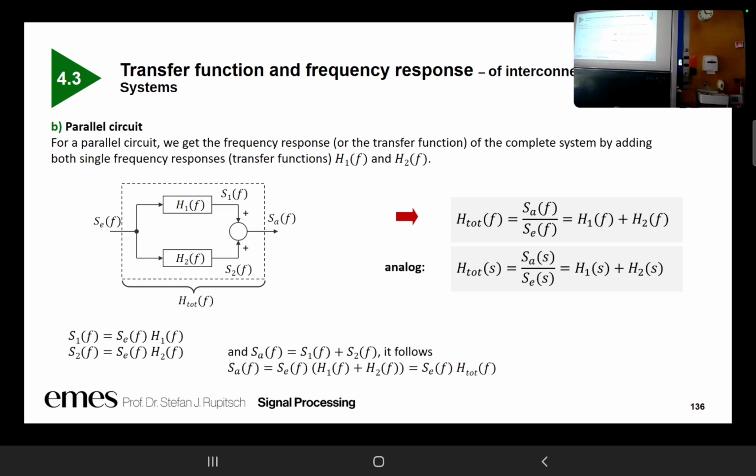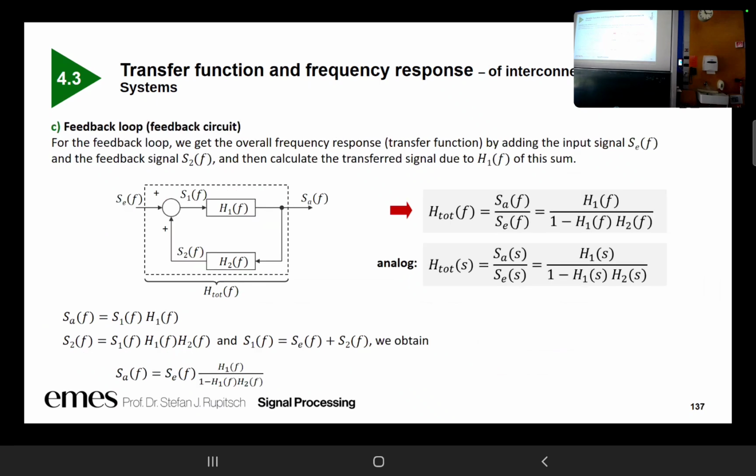Very simple. And the last possibility is if we have a feedback loop. We have here one frequency response, one transfer function, and in the feedback we have the second one. And here we have this positive feedback. We couple it with a positive sign. Then we can calculate the output signal of this entire system in this manner.